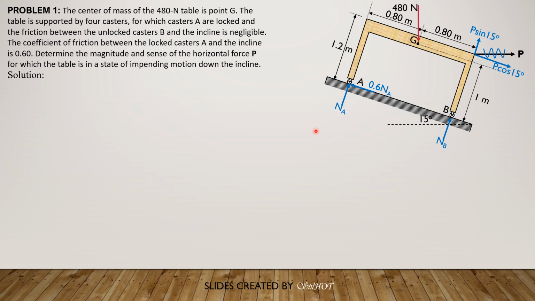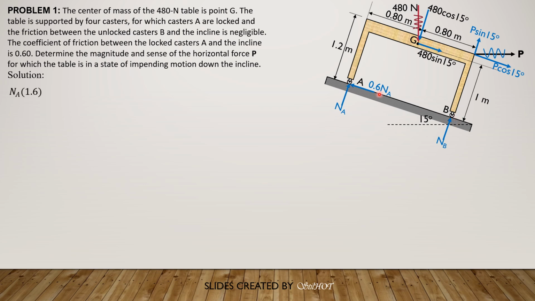So we apply the weight 480 newtons. We resolve it into 2 components, 480 cosine 15, and the other one parallel to the incline down is 480 sine of 15 degrees. So we remove also the weight 480 newton force because we have already resolved it into its components. So summation moment about B equals 0.